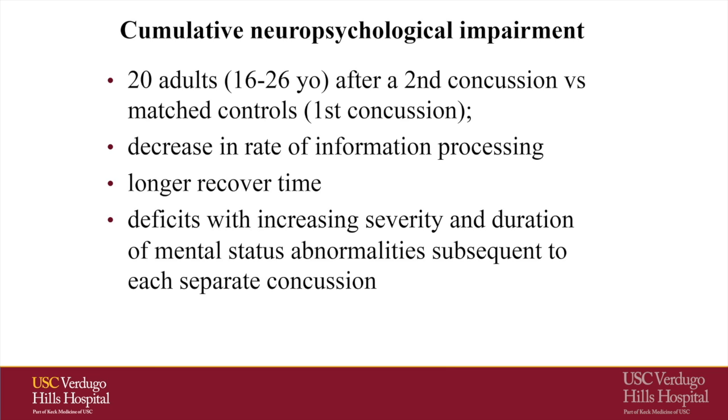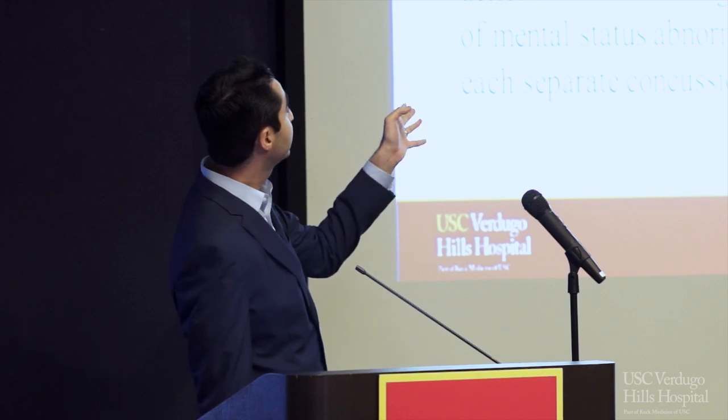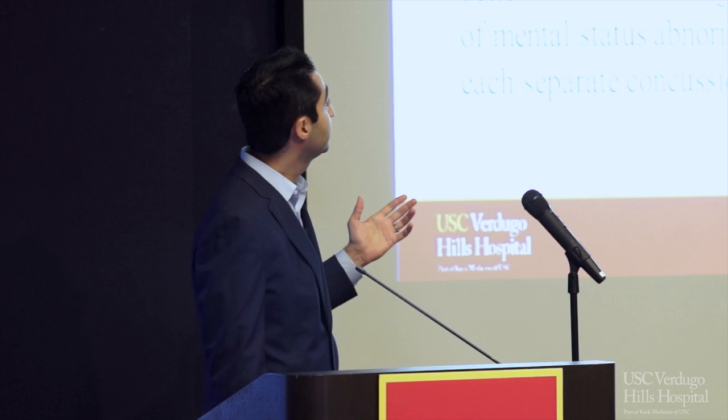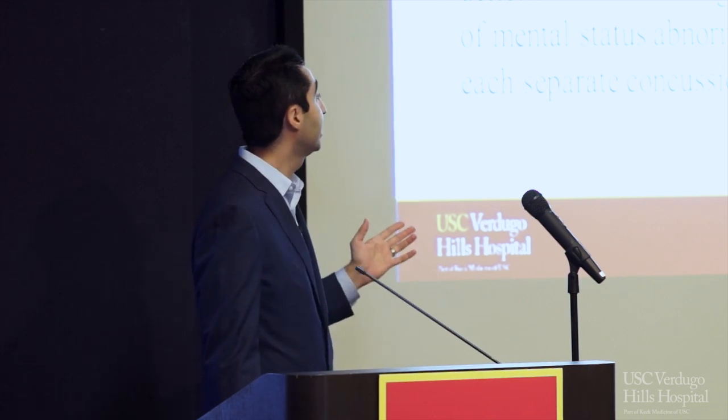And then you could have cumulative neuropsychological impairments. There's a study of adults in that age group, 16 to 26, after a second concussion versus matched controls who had a first concussion. They took first versus second concussion, and look what happened in the second concussion patients: decrease in the rate of information processing, longer recovery time, deficits with increased severity and duration of mental status abnormalities, and with each concussion, things just get worse and worse and worse.